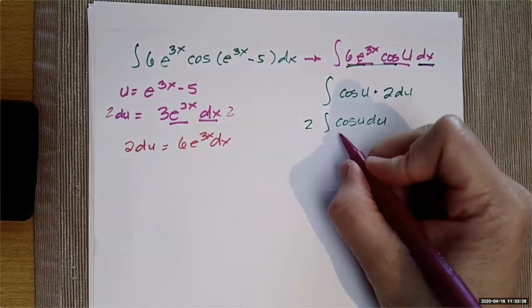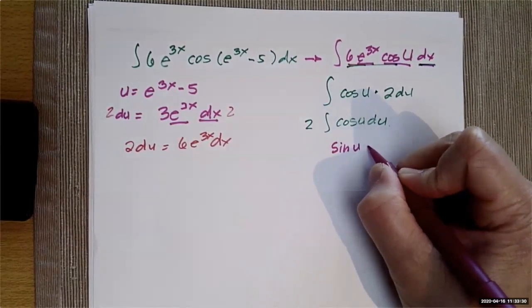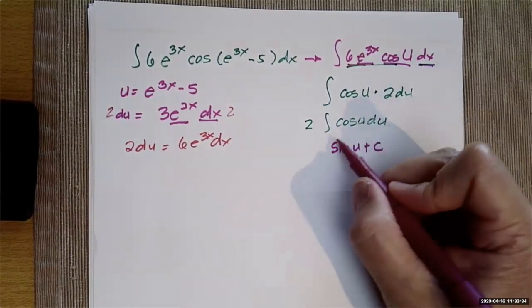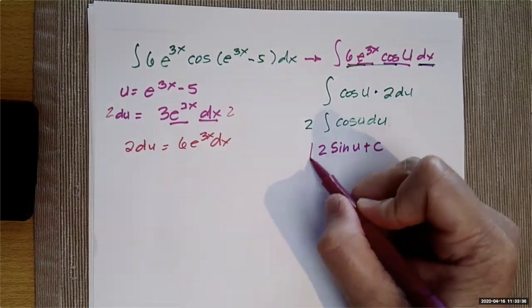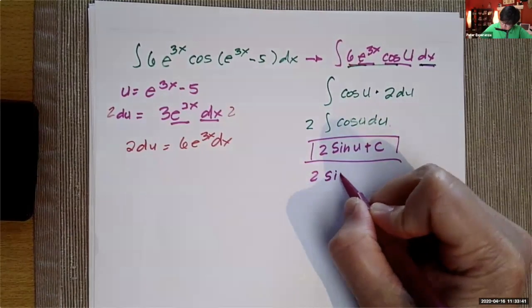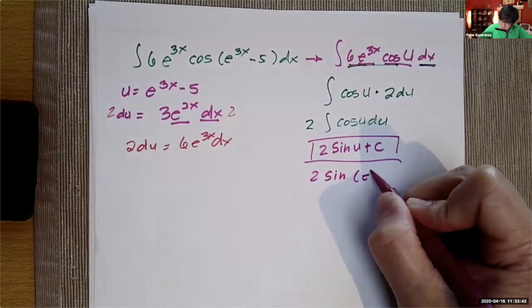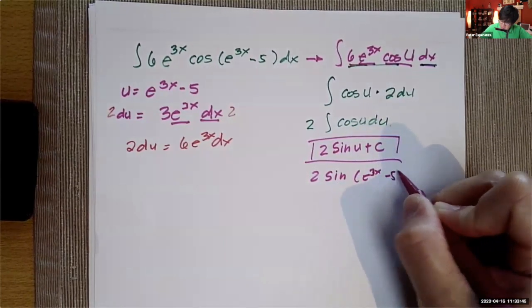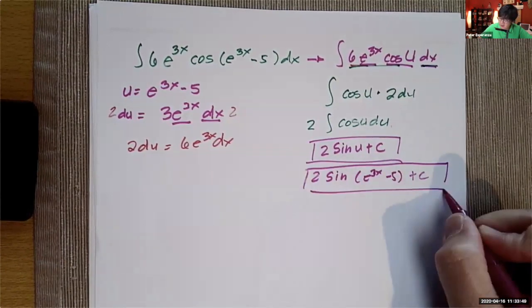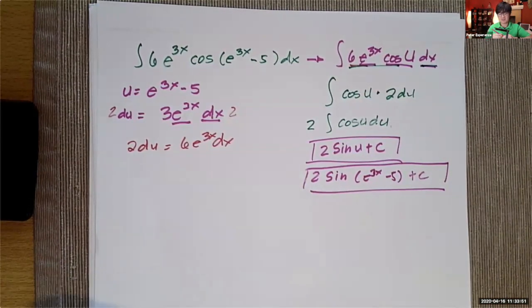Sine u plus c. Is it negative or positive? Positive. Oh, not yet. 2 sine e to the 3x minus 5 plus c. All right, and that's it.